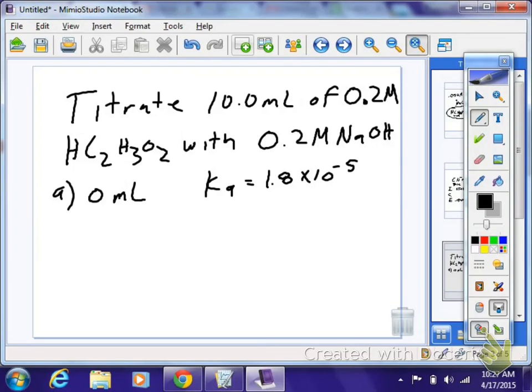The 0 milliliters, is that supposed to be for the NaOH? Yep, 0 milliliters of NaOH added. So we haven't added anything. So we put our pH probe in there, and we detect what that would be.